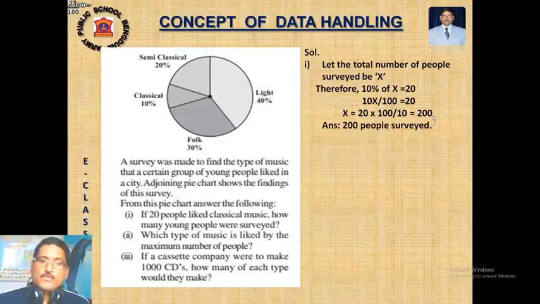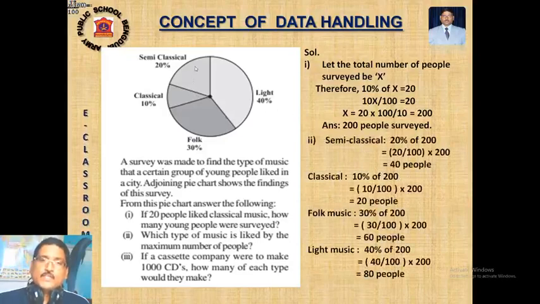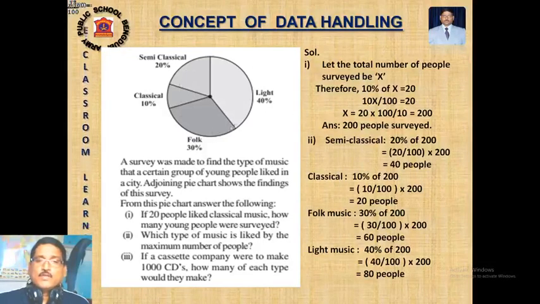Okay, now which type of music is liked by the maximum number of people? So obviously the percent which is more, this is 40%, this is 30%. That means light music was liked by most of the young people. And what is that number? So individually we can find out all types of music.